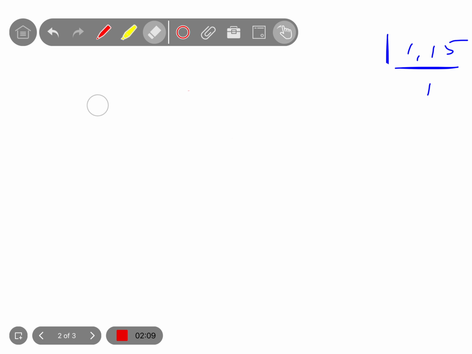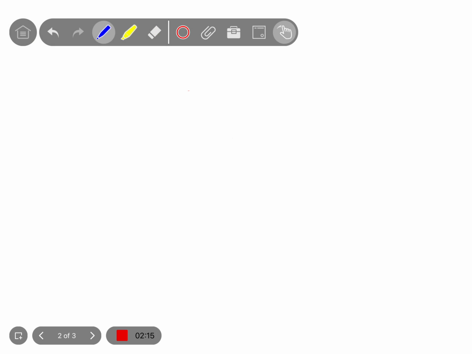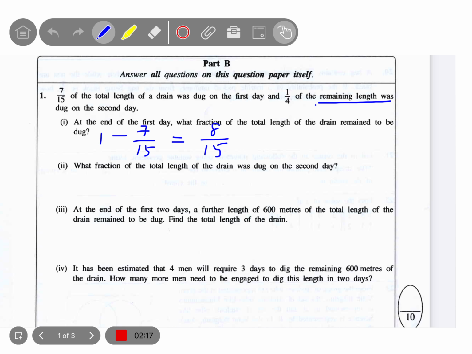So I'll just move on to the other question. Question number 2 states, what fraction of the total length of the drain was dug on the second day? So this is where the second part comes in. It says 1/4 of the remaining length was dug on the second day.